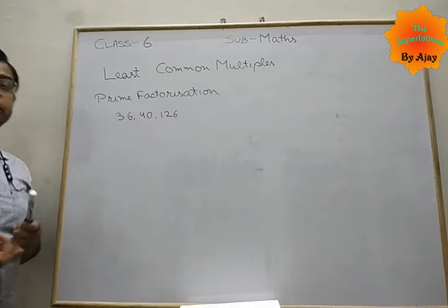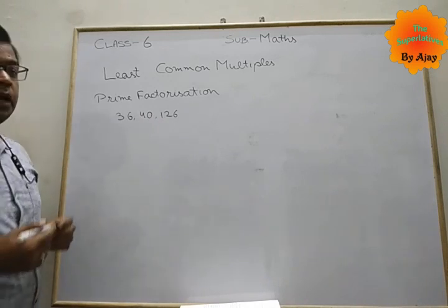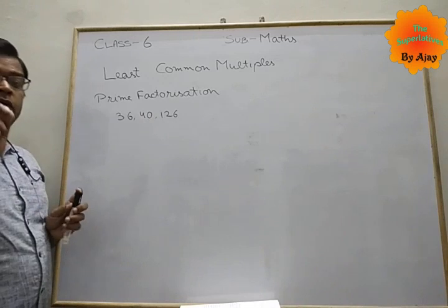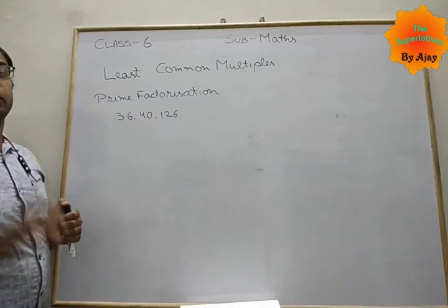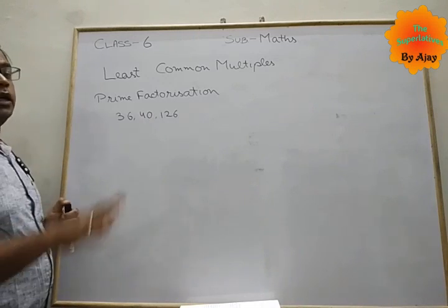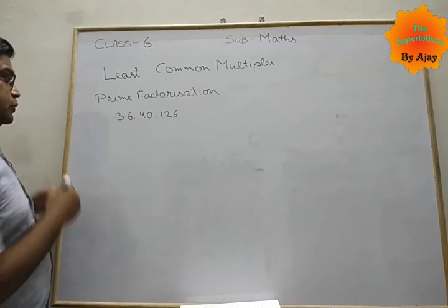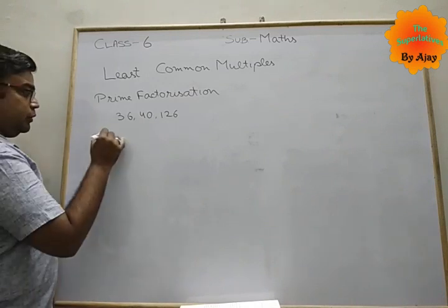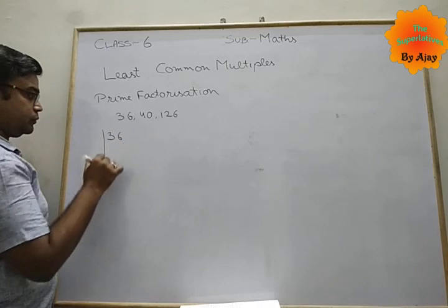So let's find the factors of 36. 2 18, 2 9, 3 3, we leave 1 as it is because it is not required.